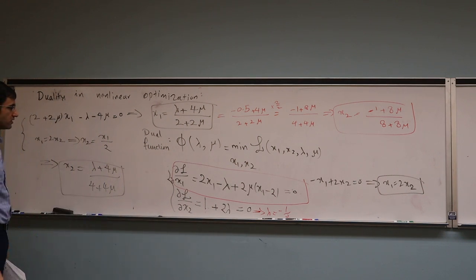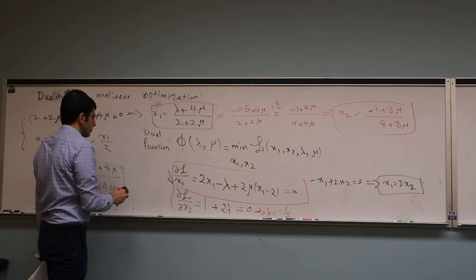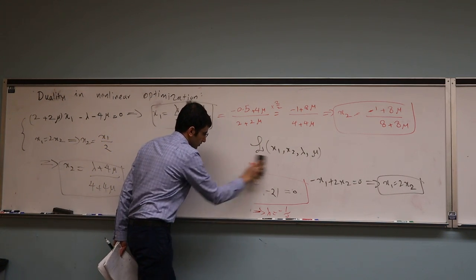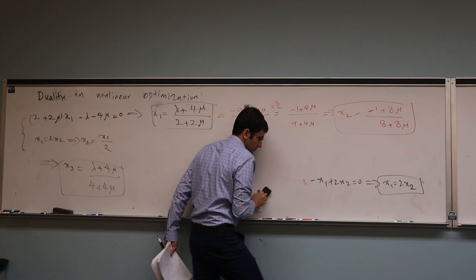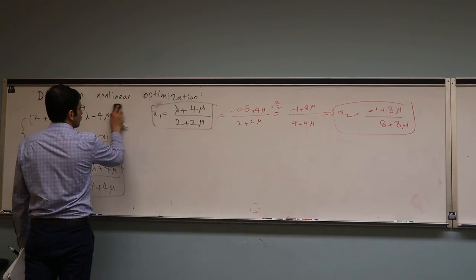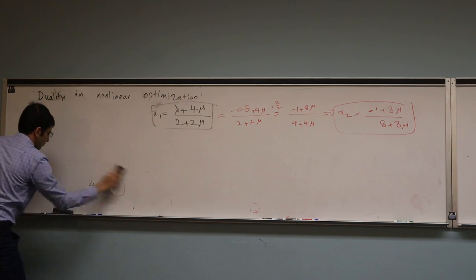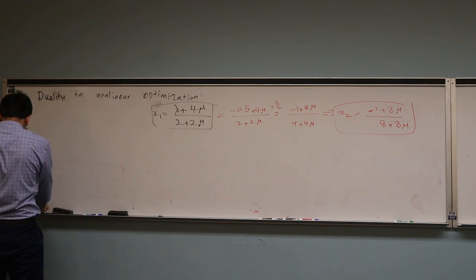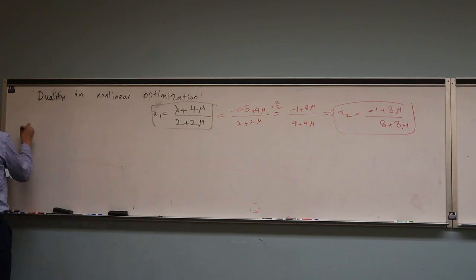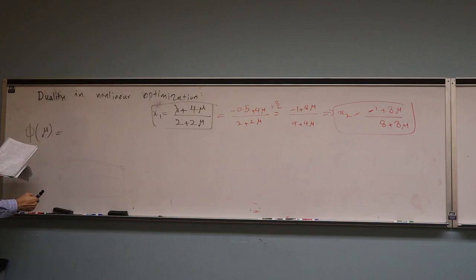Alright, now let's see how our dual function looks like. So we don't have any lambda anymore, but we can find it by replacing the values in the Lagrangian.